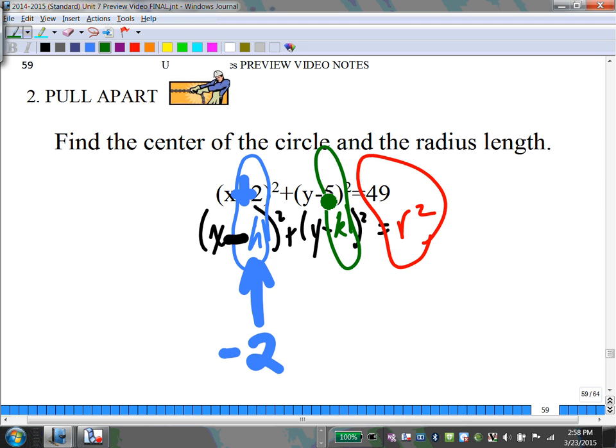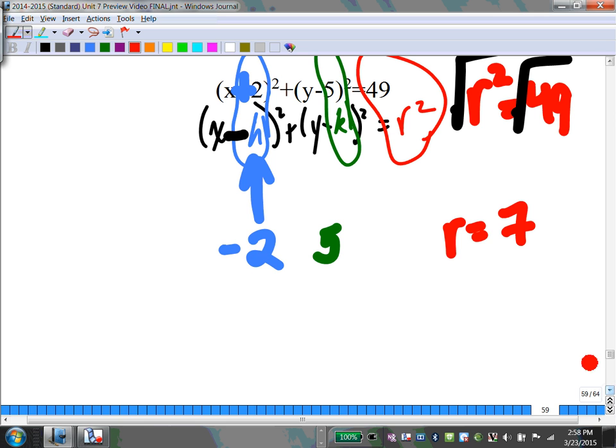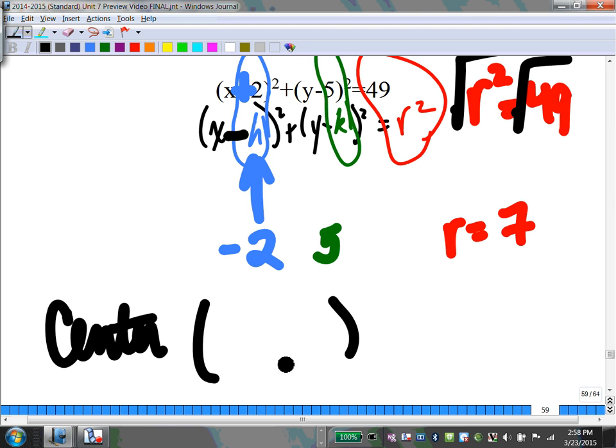Here we have minus k, minus 5. Notice the sign did not swap, so that means k had to be +5. And if r squared equals 49, all we do is take the square root, and our r is 7. Ready? So the center of the circle is -2 and 5, and the radius is 7.